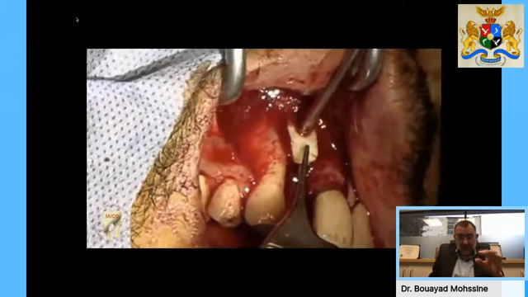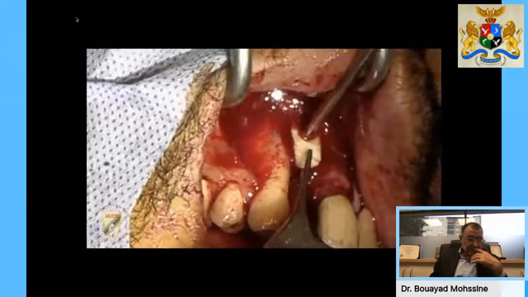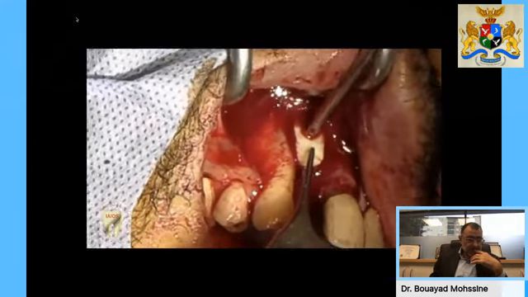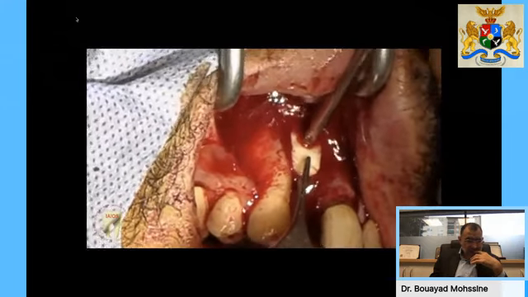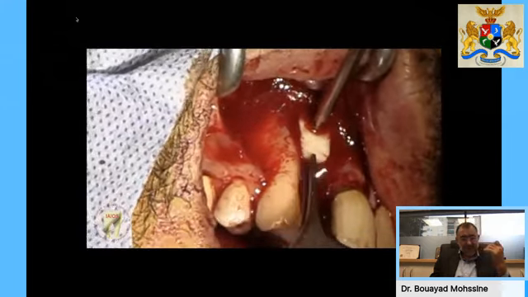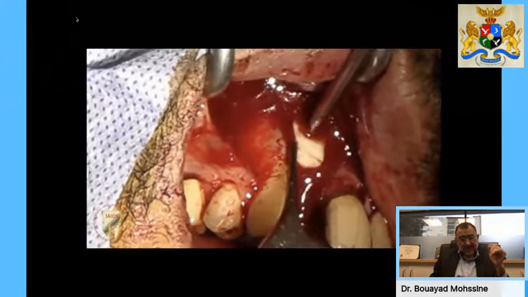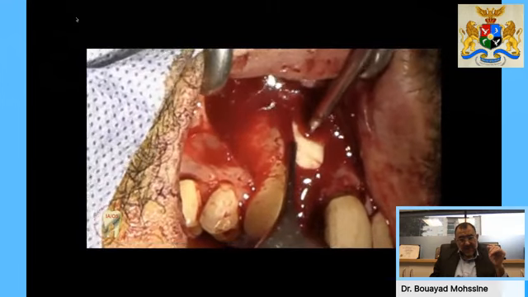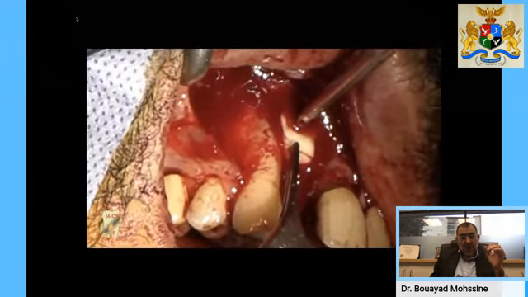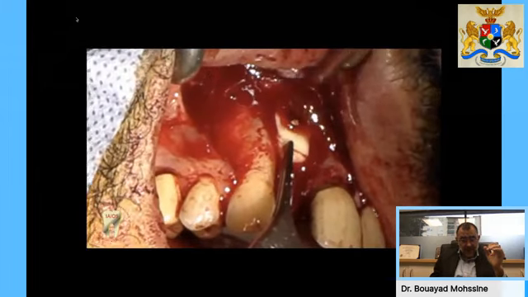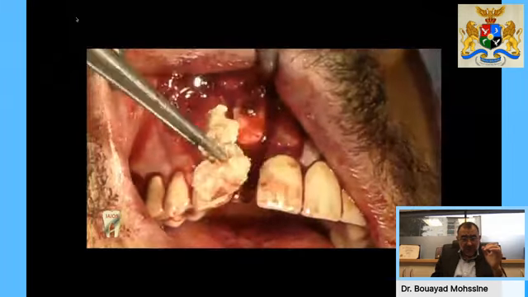We fixed it with a screw, to be sure that the bone block doesn't move during the healing. If it moves, you lose this bone graft.